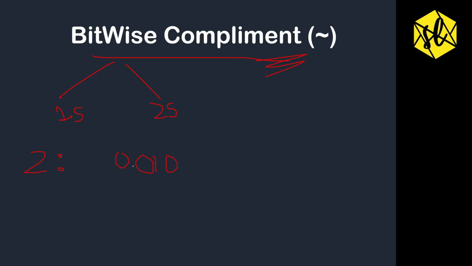For 1's complement we just reverse the digits, so the 0 becomes 1, the 1 becomes 0, and again 1 and 1. For 2's complement we add 1 here, that is plus 1, and we get 1 plus 1 is 10, carry 1 here, then 1 1 and 1.